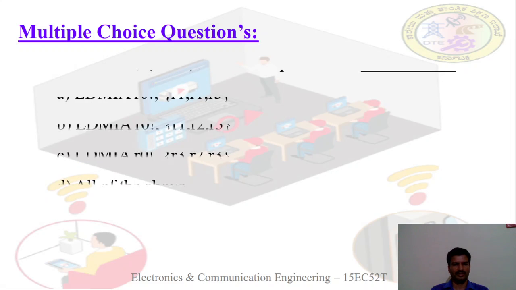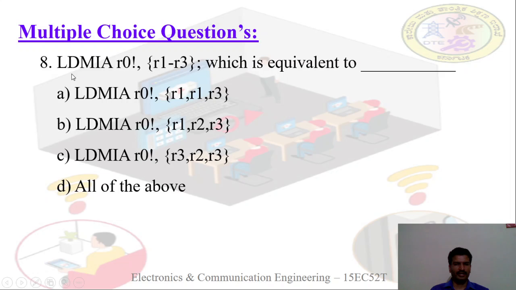Next question is, LDM IA R0 with exclamation symbol, comma, R1 to R3, which is equivalent to: A, LDM IA R0, comma, R1, comma, R1, comma, R3; B, LDM IA R0, comma, with curly bracket R1, comma, R2, comma, R3; C, LDM IA R0, comma, with curly bracket R3, comma, R2, comma, R3; D, all of the above.